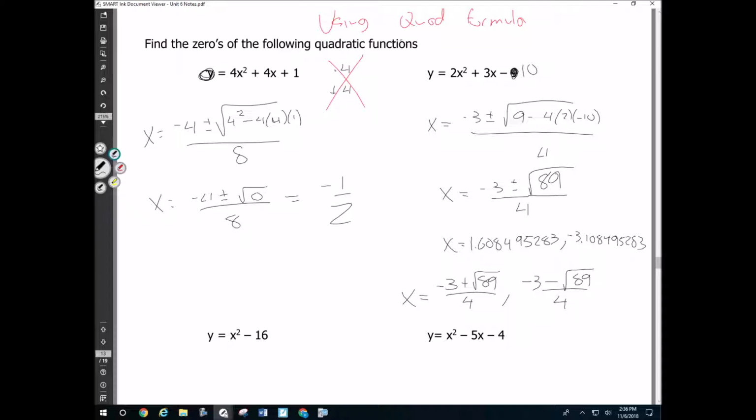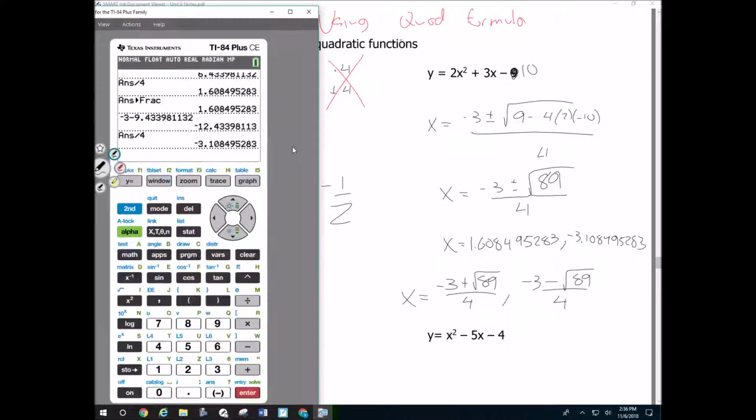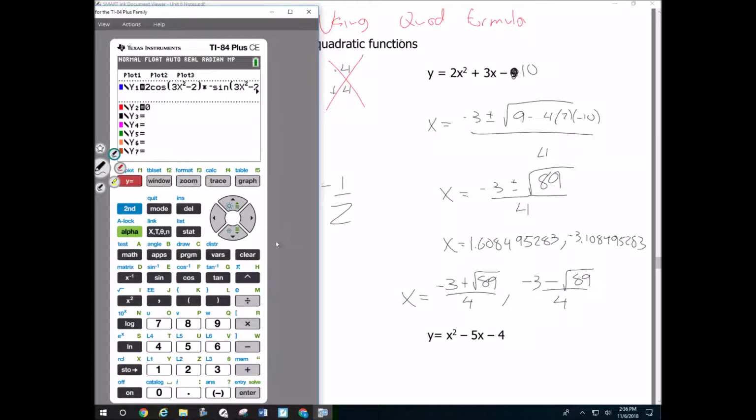Let's graph 2x squared plus 3x minus 10. You're not allowed to do this because you're not allowed to use these graphing calculators. Zoom standard.